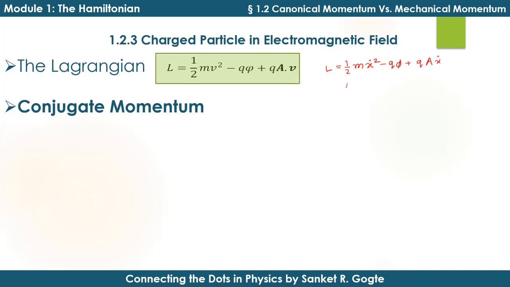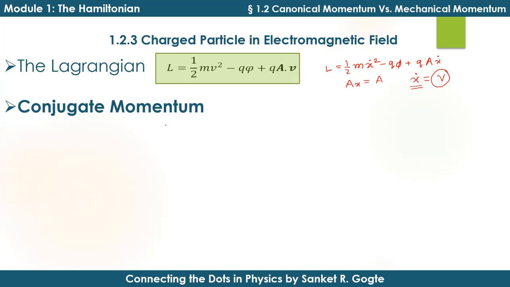Note here that I am not using ax, the subscript for a. This a simply means that it is the x component of the vector potential, and similarly for x dot I may use v, which means velocity along the x-axis.